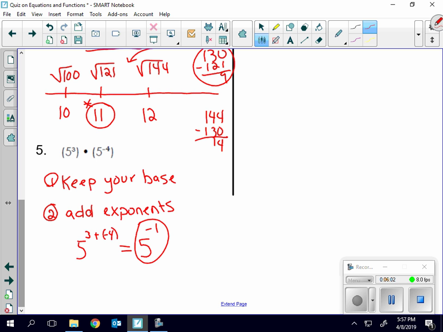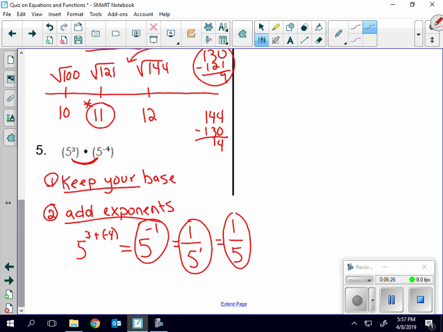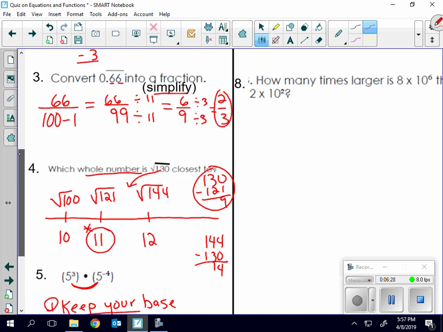I also took the answer 1/5 to the first power, because 5 to the -1st power is the same as 1/5 to the first power. I also took 1 over just the plain old 5. Any one of those answers would be fine. You have to remember, when you multiply, this is multiplication here, we keep our base and add our exponents.